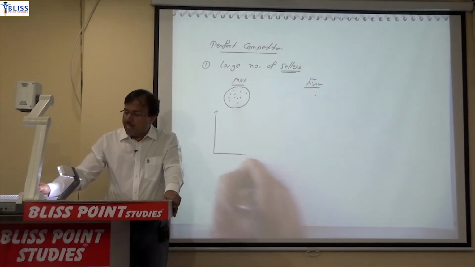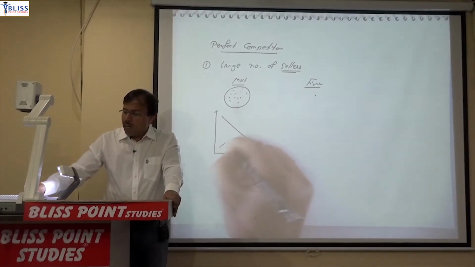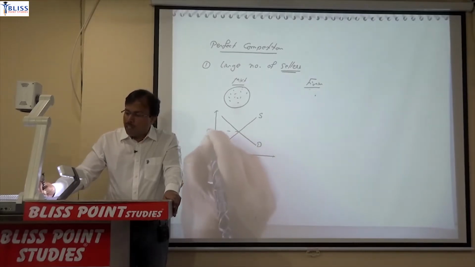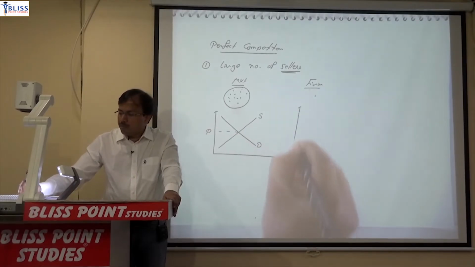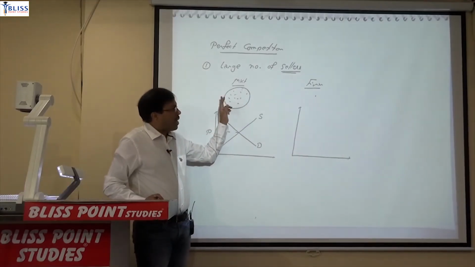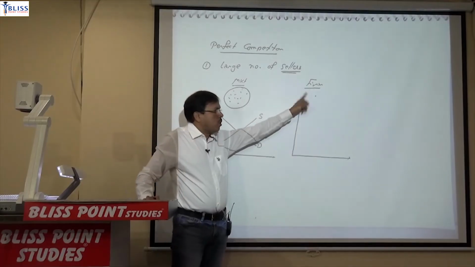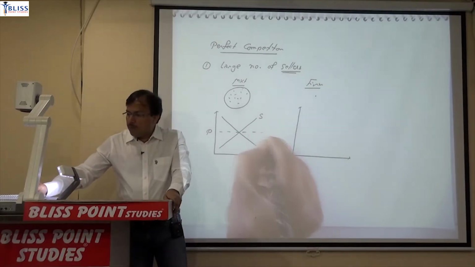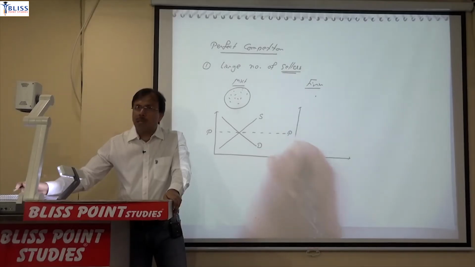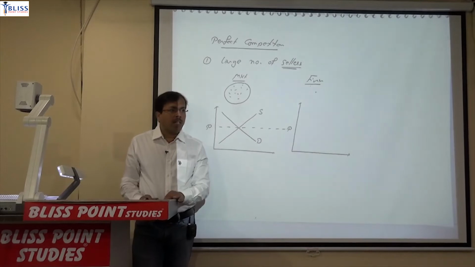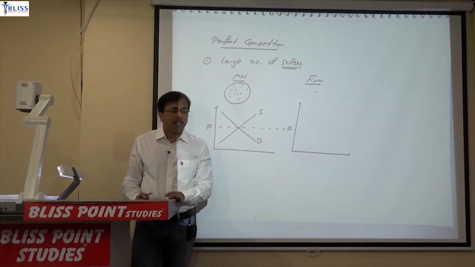Price in market is determined by market demand and market supply. Their intersection determines the market price. Whatever be the price determined in this market, this price will remain same for that individual firm, which means for that firm price will be same, and at same price that firm can sell more quantity.